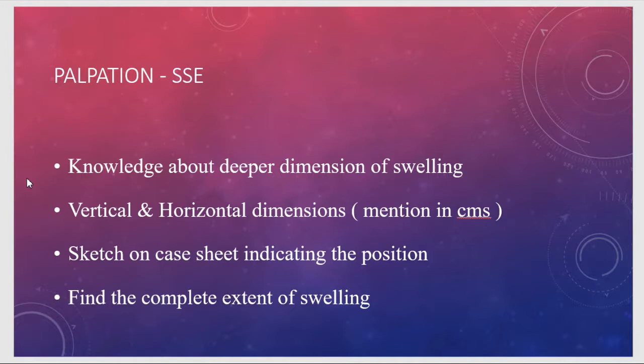We can simultaneously hold the swelling while measuring. The accurate measurement can be done during palpation, and it should be mentioned in the case sheet in centimeters. If required, we can sketch the swelling, indicating the exact position where it is lying, and we must try to find the complete extent of the swelling if possible.